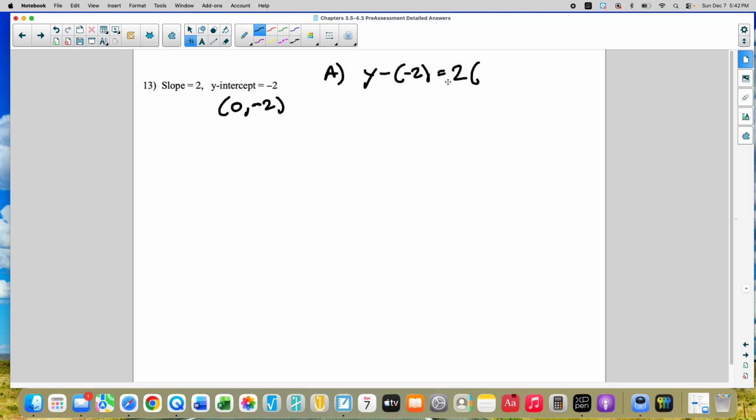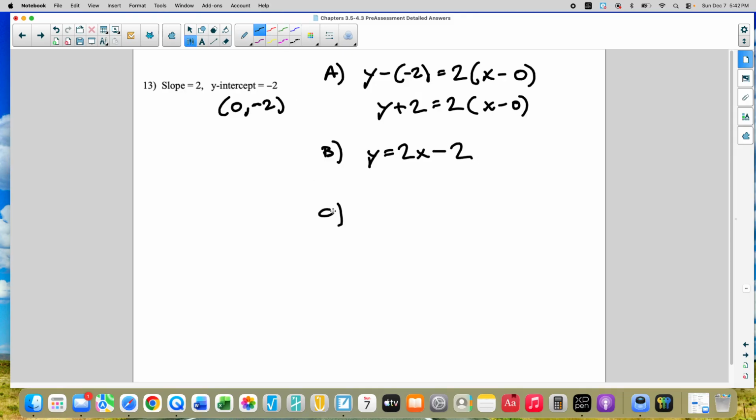That's my slope. Times the quantity x minus 0. And that gives us y plus 2 equals 2 times the quantity x minus 0. That's point slope form. Slope-intercept form is y equals 2x minus 2.